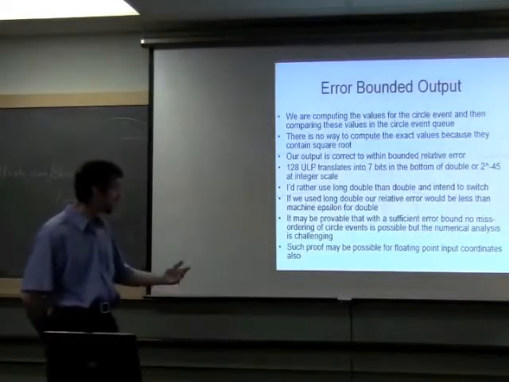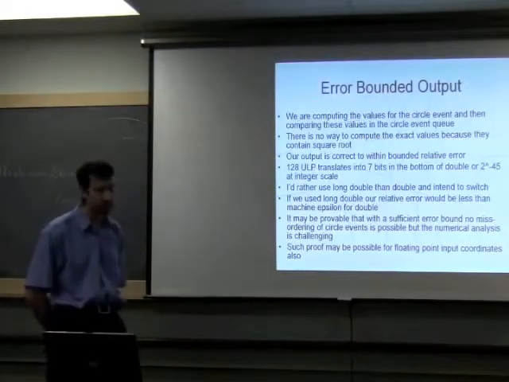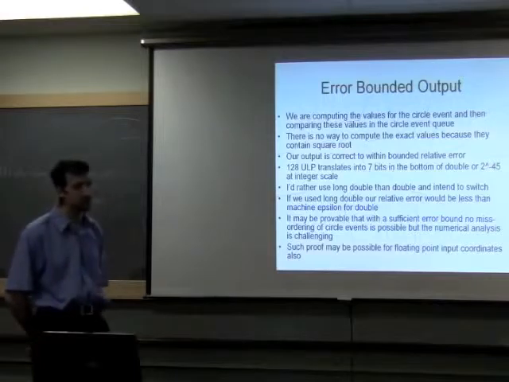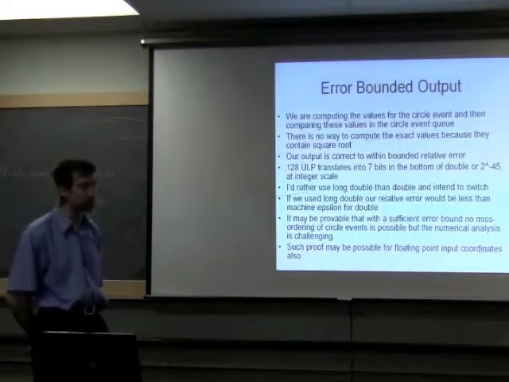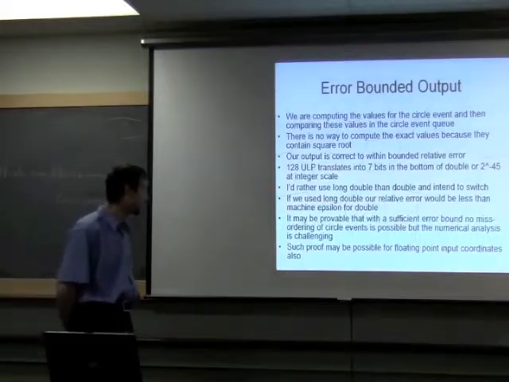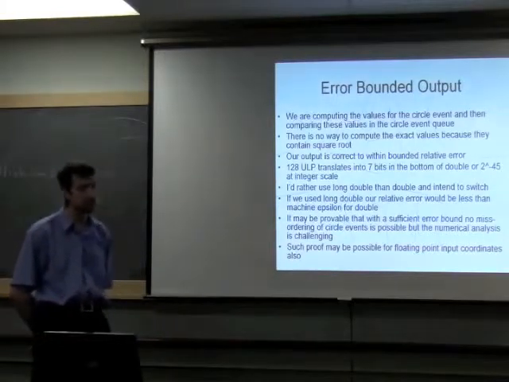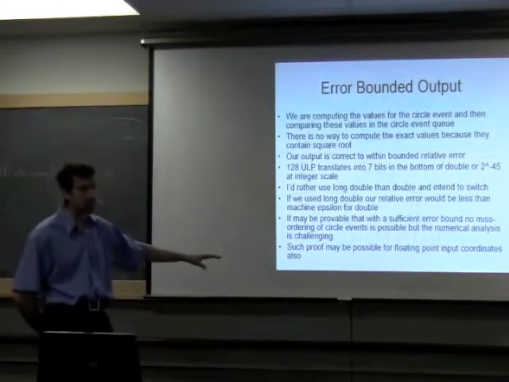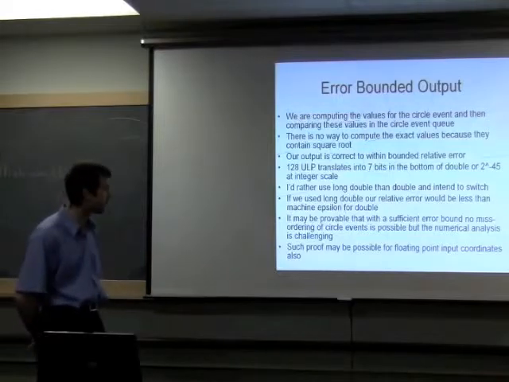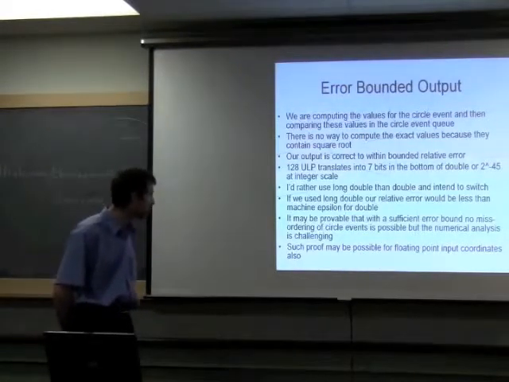And as I mentioned, it may be provable that with a sufficient error bound, you cannot get an incorrect topology in the output of the algorithm using the knowledge that the input coordinate data type is integer. And it may also be possible to prove that for a given floating point input coordinate, a sufficiently low error bound, obviously below the bottom of that floating point, possibly much below it, would be sufficient.